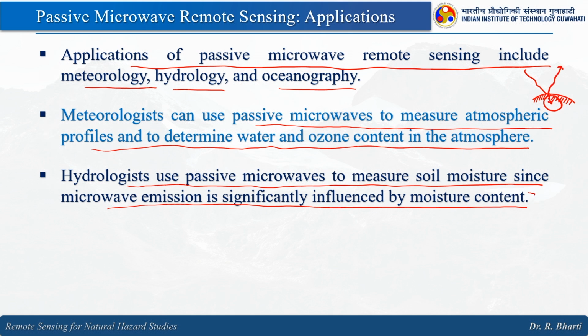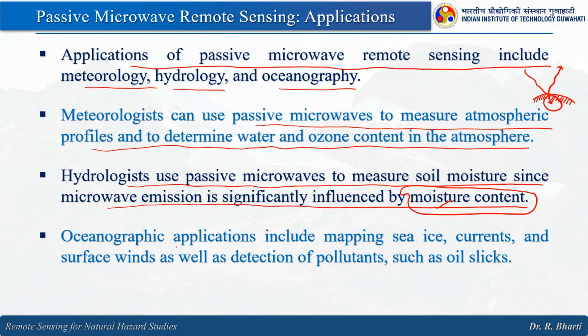So, that is why microwave remote sensing is widely used for moisture related studies. Oceanographic applications include mapping sea ice, currents and surface wind, as well as detection of pollutants such as oil slicks in the ocean, right. These are some of the applications where microwave remote sensing is widely used.